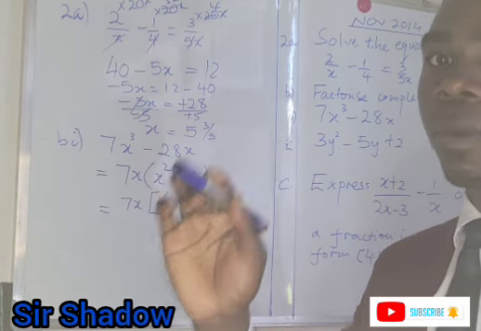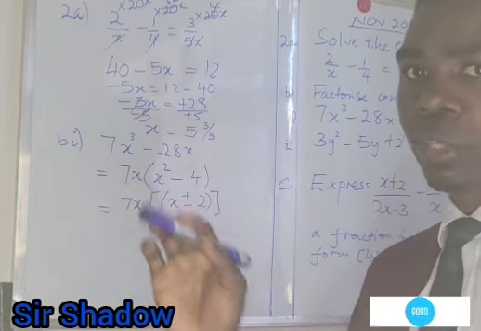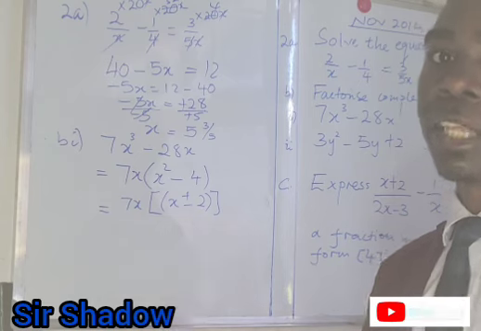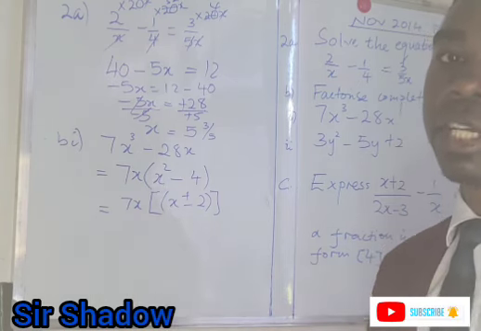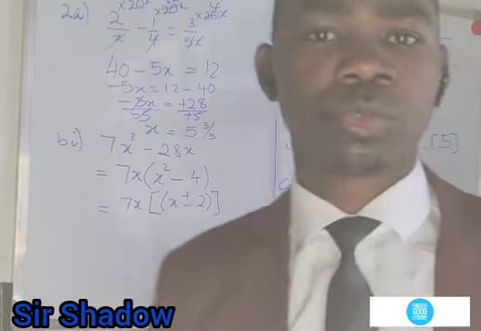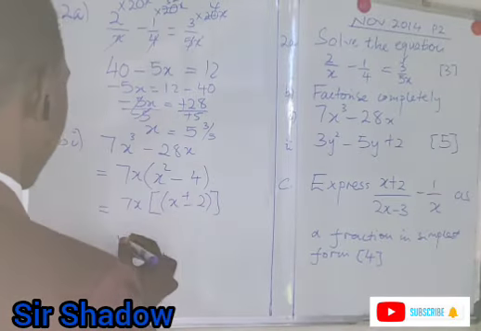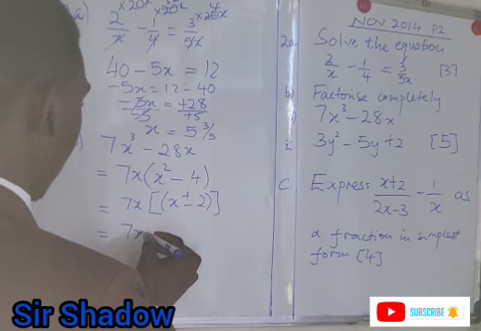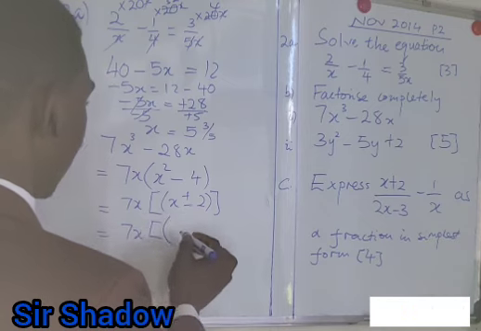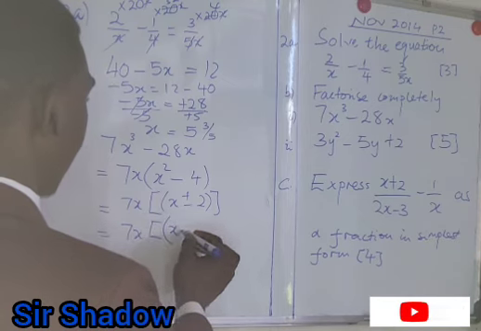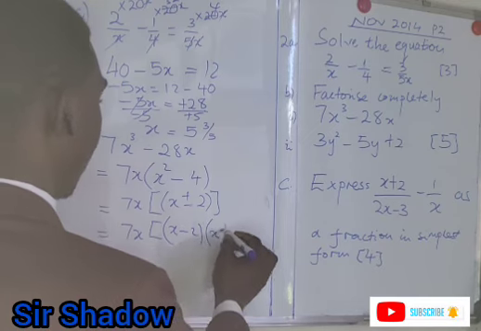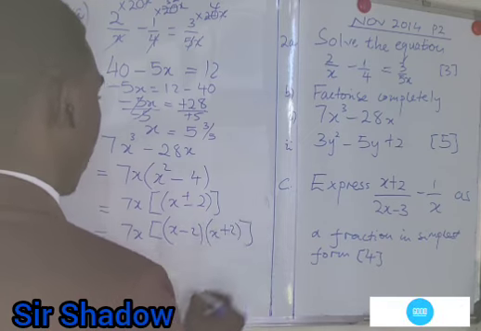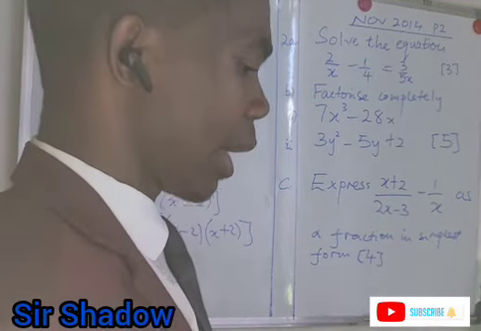We have to expand those two signs, so that the first expression takes a positive sign and the second one takes a negative sign to make it a difference of two squares. Let's expand them: 7x open big bracket, x minus 2 open small bracket, x plus 2, then closing the big bracket.